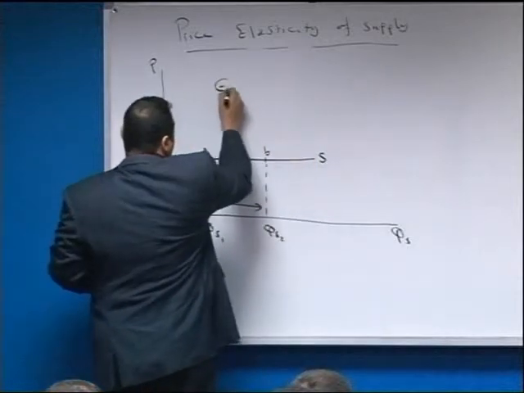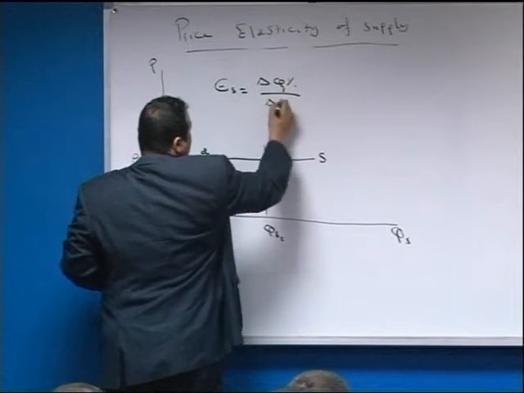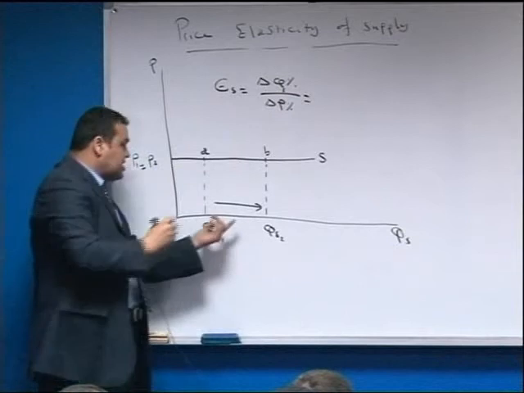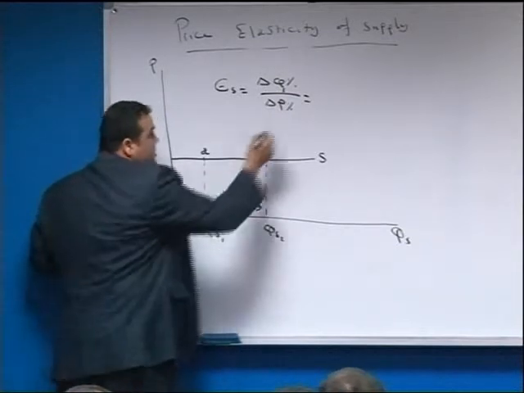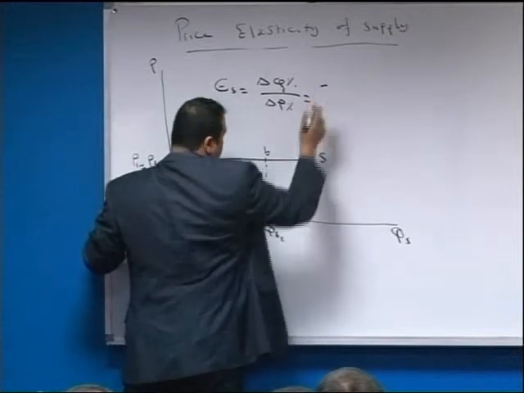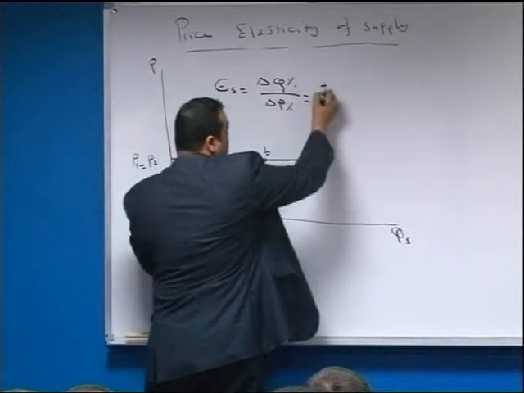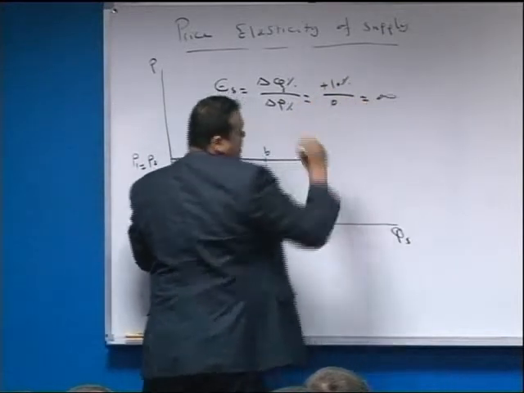ES, as you know, equals percentage change in quantity supplied over percentage change in price. Suppose the change in quantity supplied was 10%. 10% over 0 equals infinity.